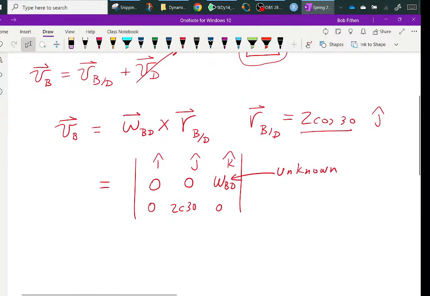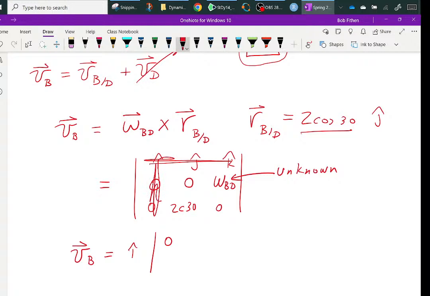And one of the things you notice, and I'll do it completely out first. I'll do the I. The I is going to have a 0. Again, I'm taking that out, taking this, and that'll be the determinant.